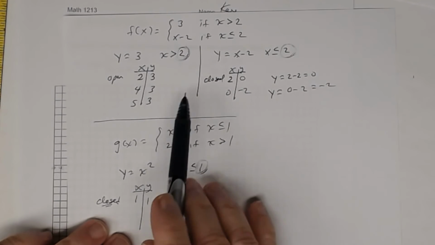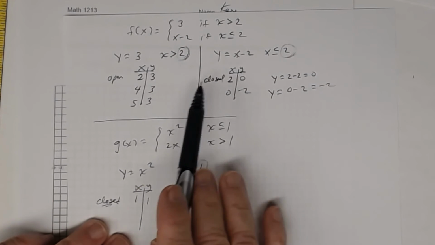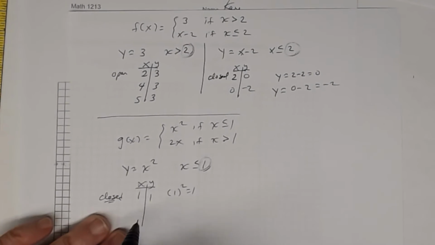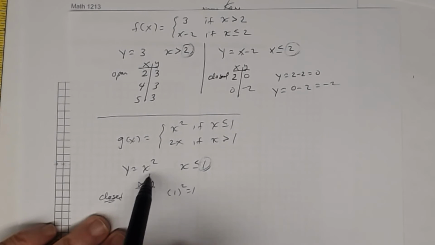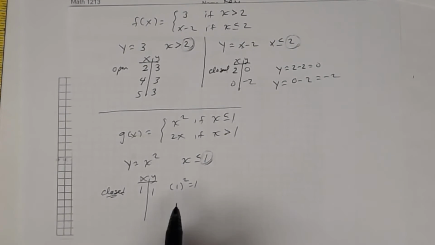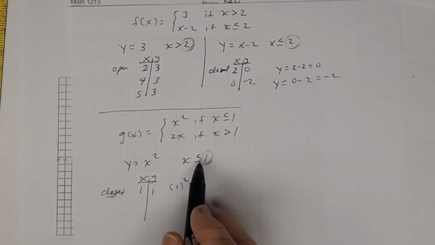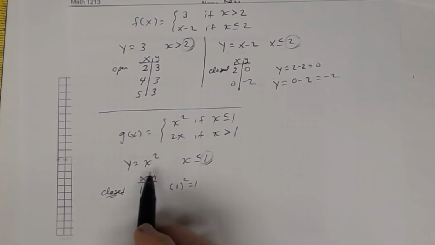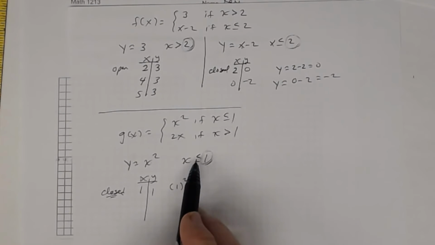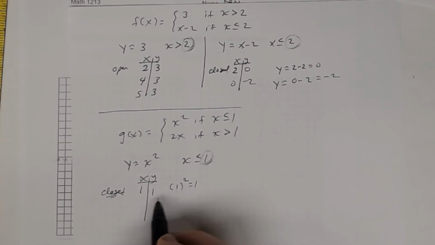Now in the previous problem, all I needed were 2 points, 2 values of x. Here I need a few more because that's not a line. That's a curve. Since this will be part of a parabola, notice I said part because the domain's restricted. If x is 0, I get 0 squared, which is 0.